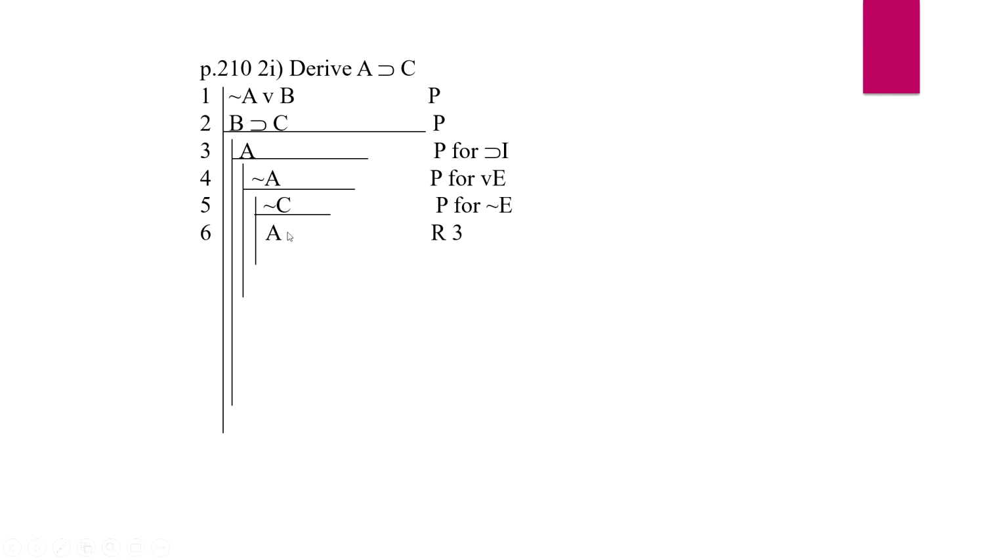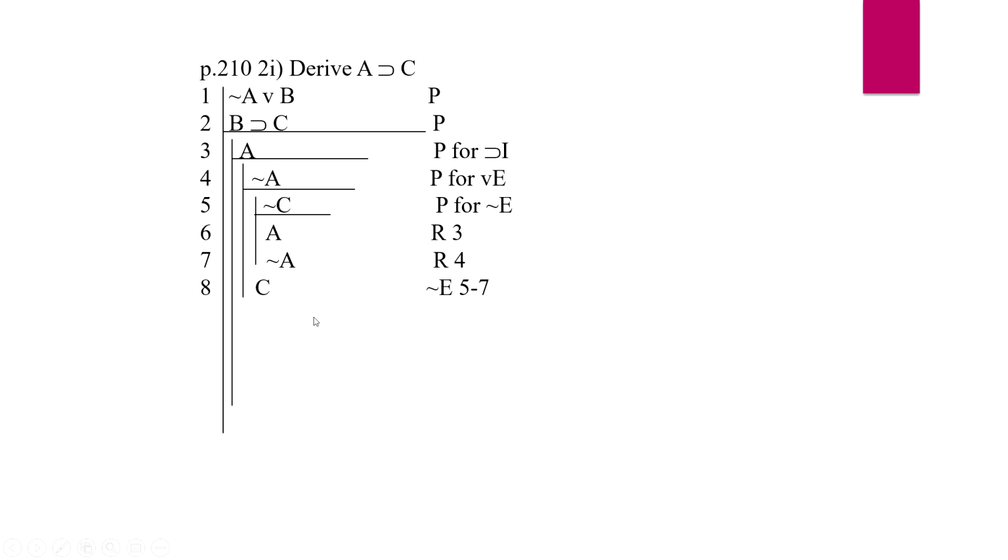Remember, you're always allowed to reiterate rightward across scope lines as long as you're still inside those subderivations. And then we're going to reiterate not A from line 4. Now we've assumed the opposite, and we've gotten a contradiction in that subderivation. So on line 8, we can discharge that premise and move back one scope line, and we've proven C from it's not the case that A on line 8.